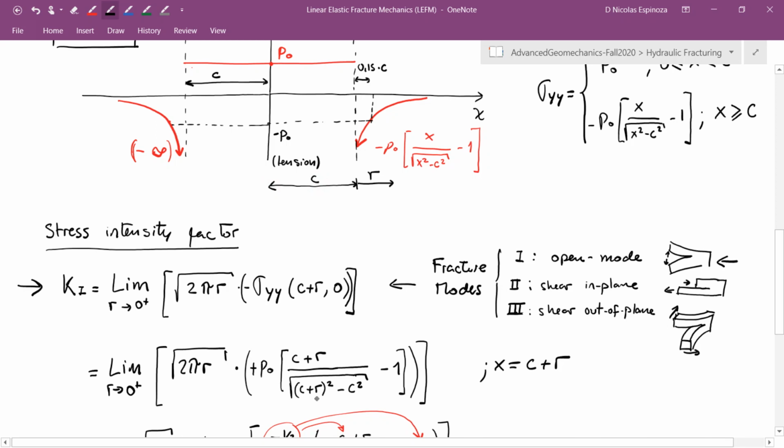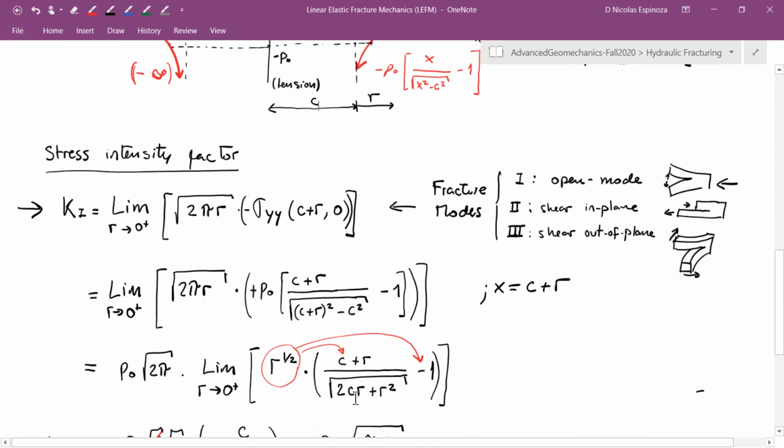And the next thing I'm going to do is to get out of the limit the constant quantities like square root of 2 pi and p naught. And after I do that, I'm going to take this radius and multiply it to these two quantities. And as I do that, and you may want to check that on your own, when r is multiplied by 1 and r tends to 0, that's not going to cause me any trouble in the limit.